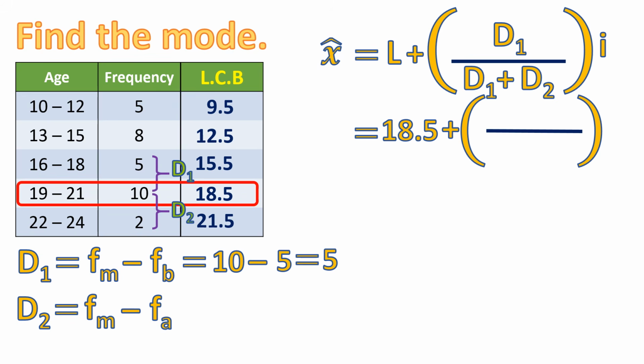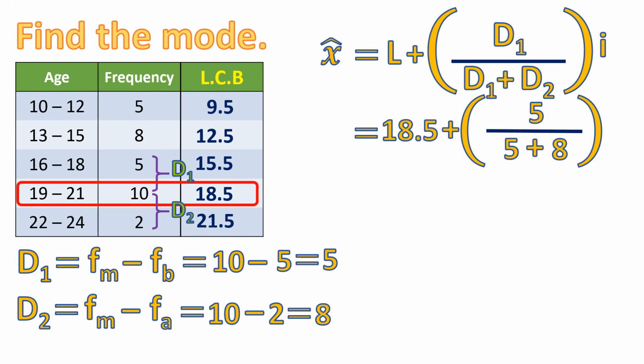So let us substitute. This is equal to 10 minus 2. So it is equal to 8. And these are the values that will be substituted in the formula. So D1 is 5. So we'll put both D1s as 5 plus D2 is 8.